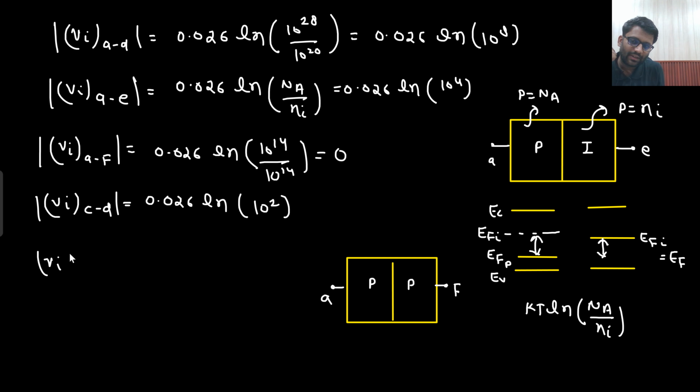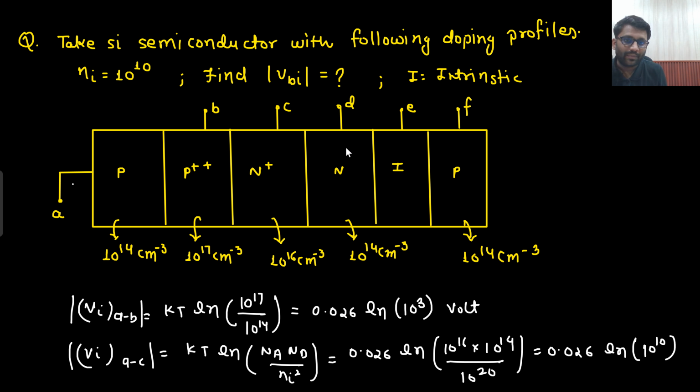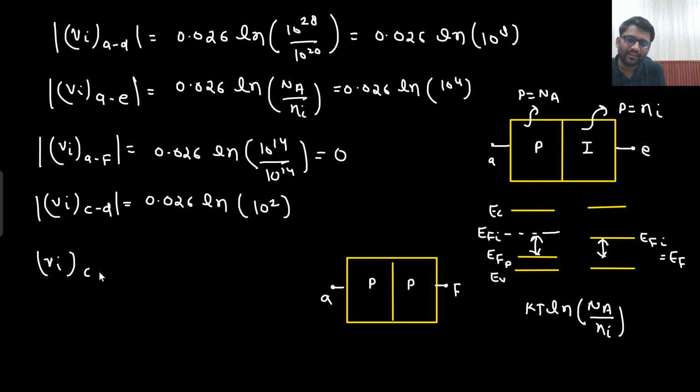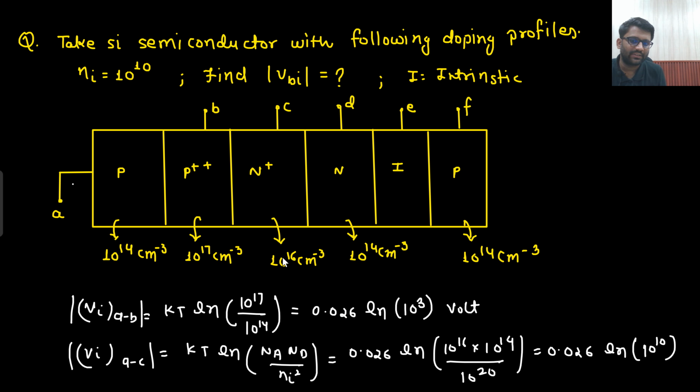What if they have asked between B and E? B and E is nearly the same as A and E. So let's do between C and E. So what do you think? What will be the answer? 0.026 ln electron concentration here. What is the electron concentration? 10 to the power 16. And here what will be the electron concentration? That would be 10 to the power 10.